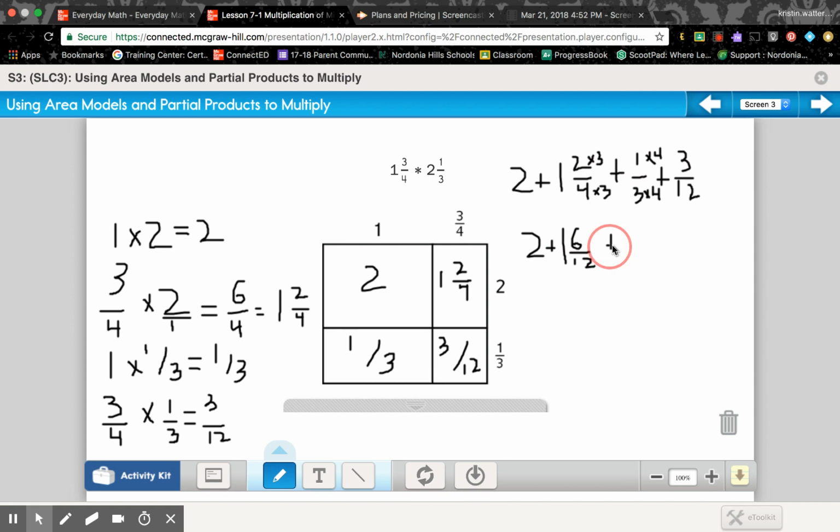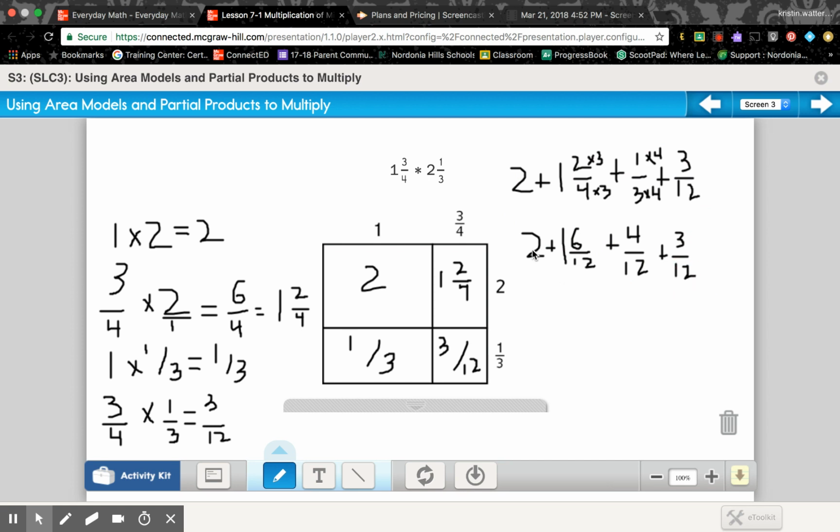Plus 4/12 would be what 1/3 turns into. Plus 3/12.